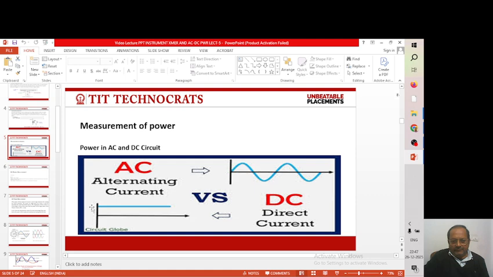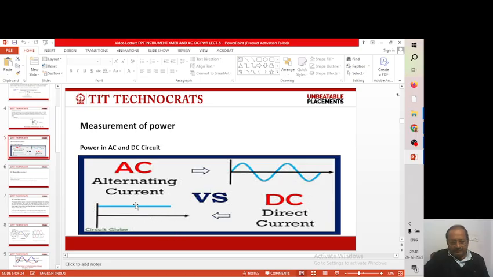If this is the amplitude of voltage on the y axis, then we can see this is a constant line, not varying anywhere. So this is constant voltage.